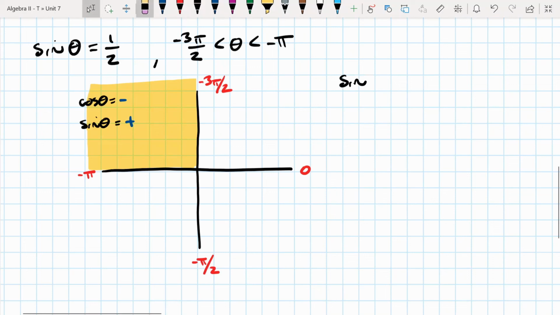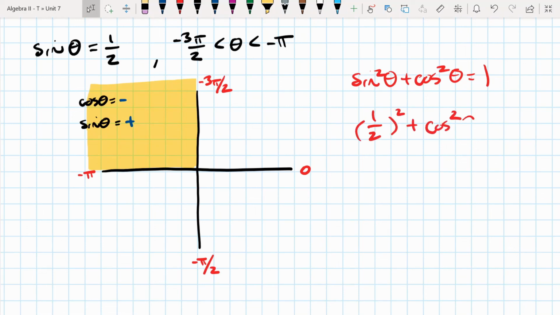So let's recall that the Pythagorean identity is sine squared theta plus cosine squared theta equals 1, and let's plug in 1/2 for sine. And we're going to solve this for cosine because we need cosine to find tangent. Okay, we ultimately want to find tangent.